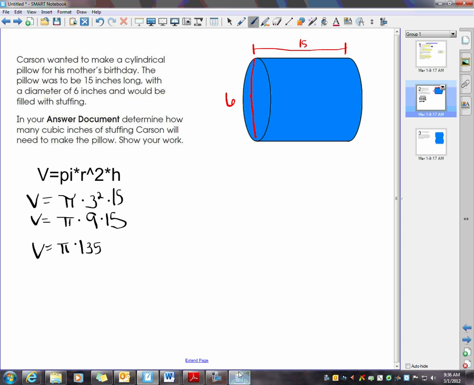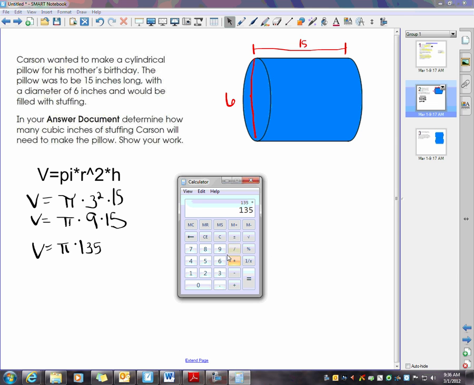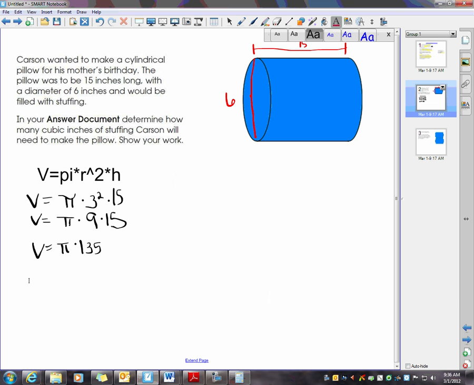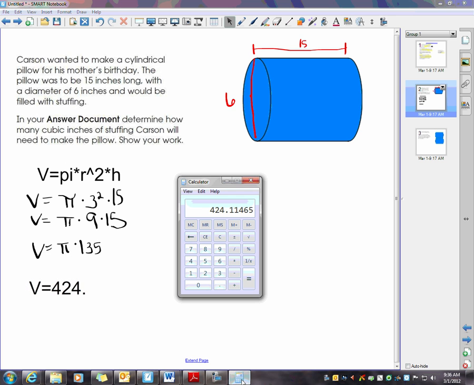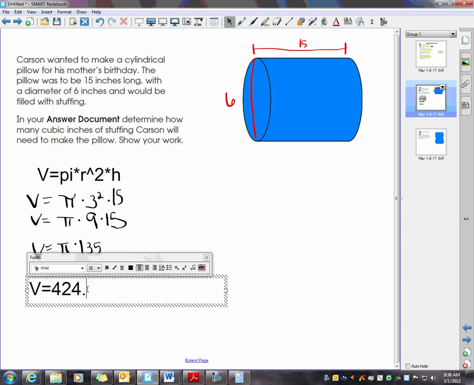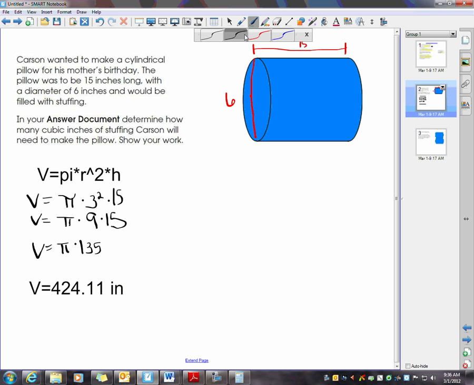And then I'm going to multiply this by 3.14159, and I get 424.11. And my label is going to be inches cubed, because this is volume that I'm talking about.